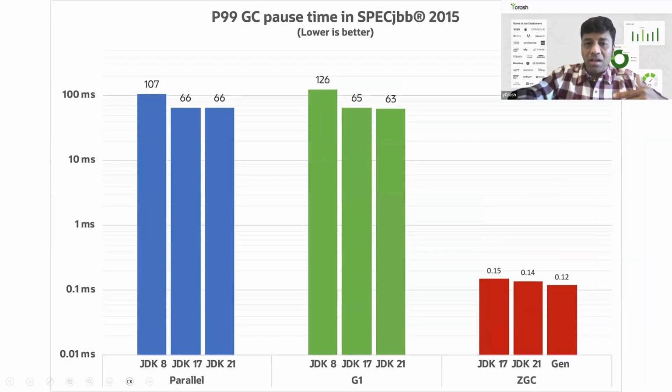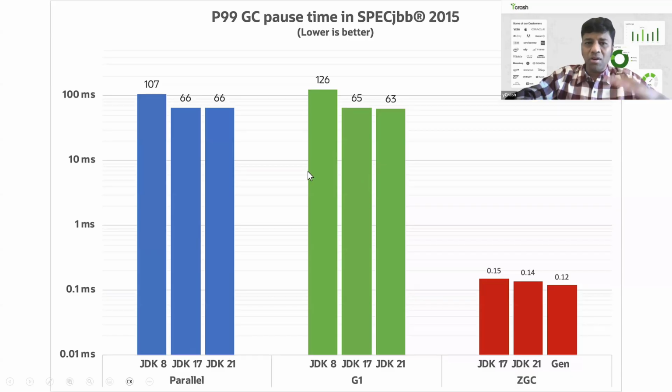Now this is the pause time measurement. Here, if the pause times are lower, it is better, right? In the Parallel GC algorithm, these are the pause times: 107 milliseconds in JDK 8, 66 milliseconds in 17, and 66 milliseconds in 21.